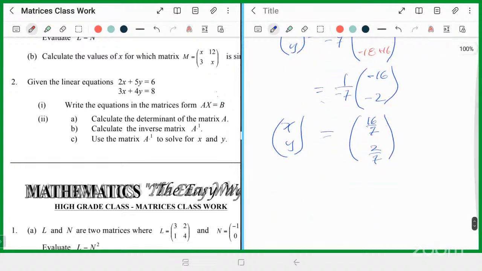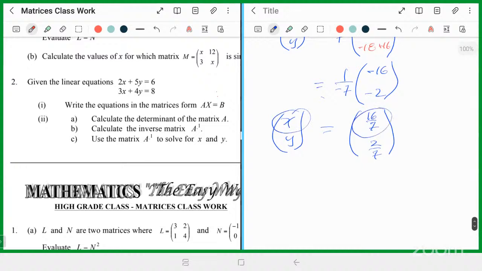Now you pull out the values. Therefore, x equals 16 over 7, and y equals 2 over 7. And that is it.